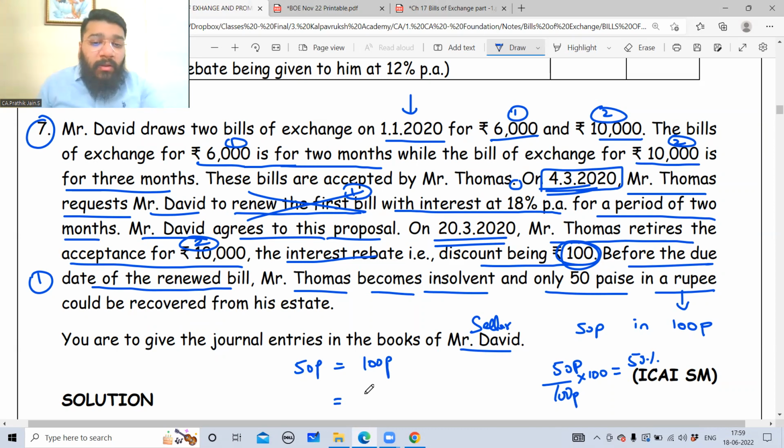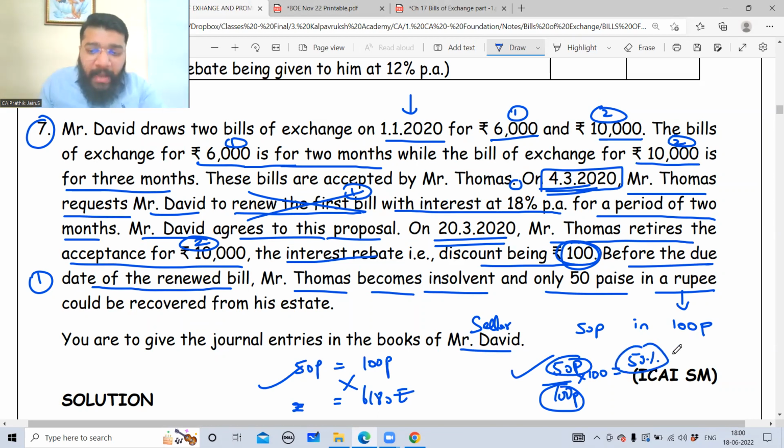Then from 6,180 rupees, how much is recovered? You can cross multiply and do this. Whatever is comfortable, this is also allowed. I said that 50% out of 100 is recovered, or 50 paise out of 100 paise is recovered. So 50% is recovered. Apply this 50% on 6,180, you'll get the answer. This is one way of doing it.